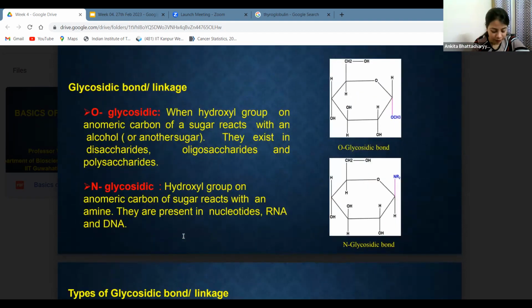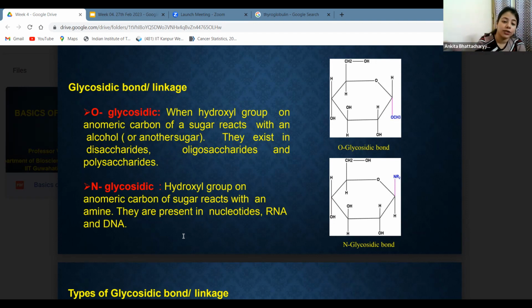Now, the linkage that is formed in this case is a glycosidic bond or glycosidic linkage. When you have an OH group on the anomeric carbon of a sugar, and that reacts with an alcohol or with another sugar, that's an O-glycosidic linkage. The OH group is of course required for any glycosidic linkage, but the other participant in such a case is an alcohol.